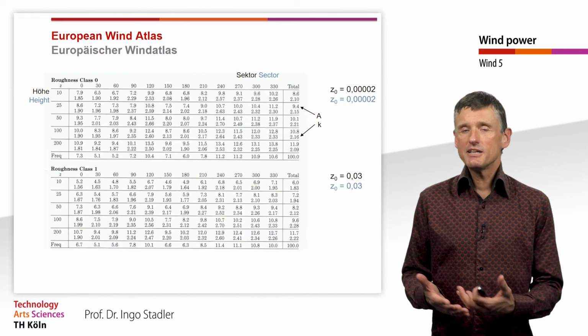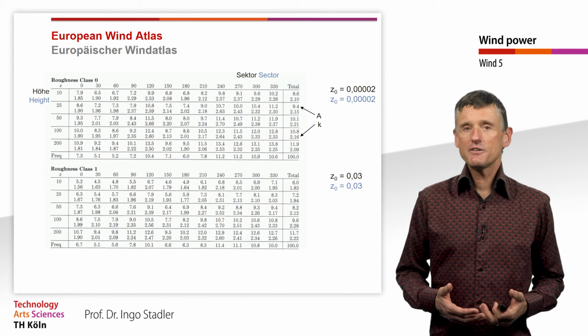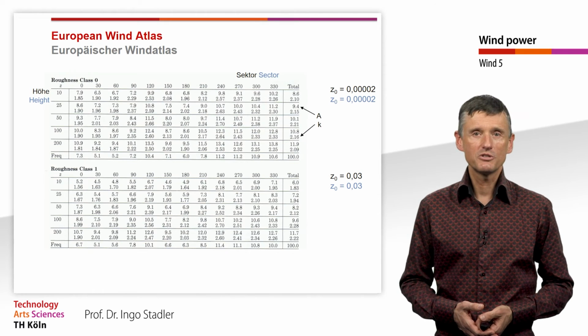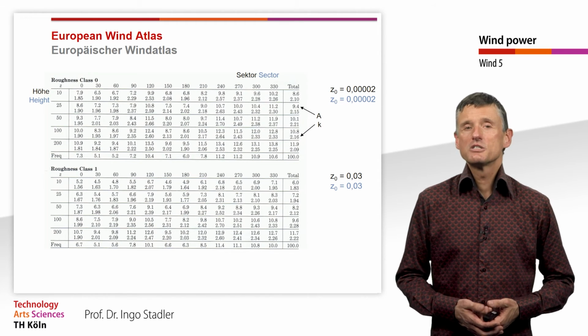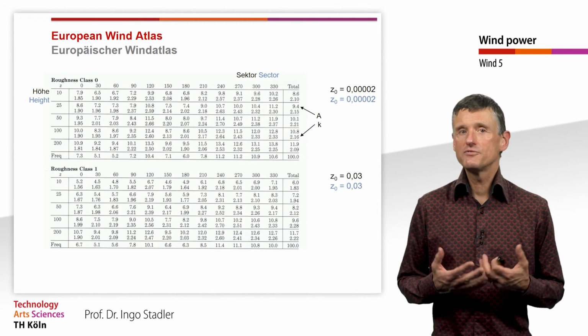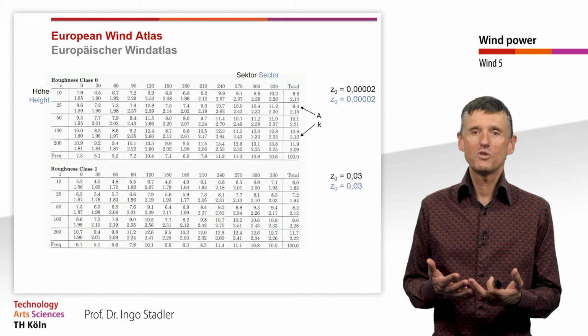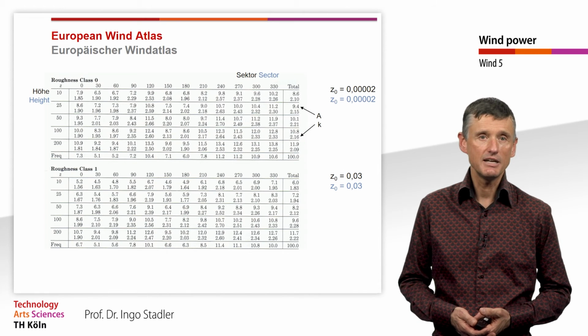On the right side, the next side of the atlas, they have already done a lot of calculations for us that we do not need to do anymore. So we have one table for the roughness class of 0 that corresponds to the roughness length we see on the right side.